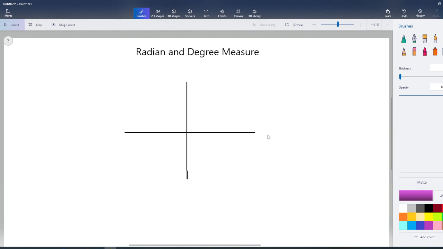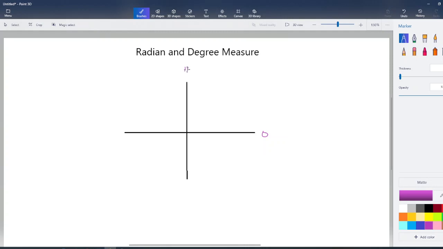So this is going to be when it hasn't opened at all, we know that this is 0 degrees. Okay, so this is going to be 0, right? Now, we don't put anything to mark the measure when we talk about radians, so we don't need to put a degree symbol or anything like that, because 0 by itself indicates radian measure, okay?